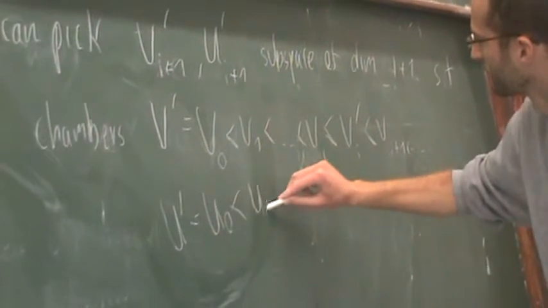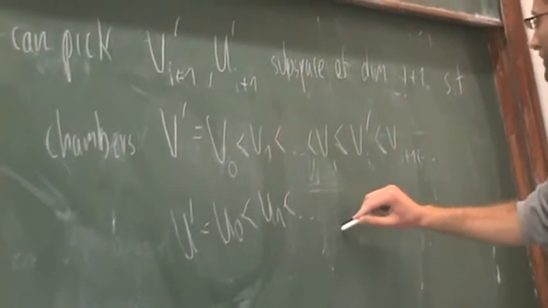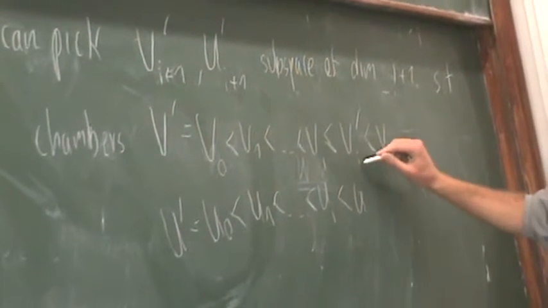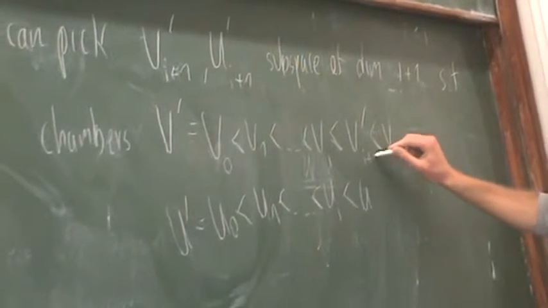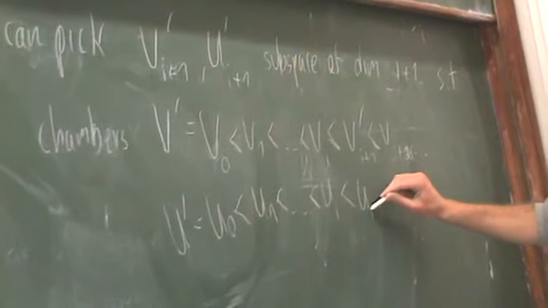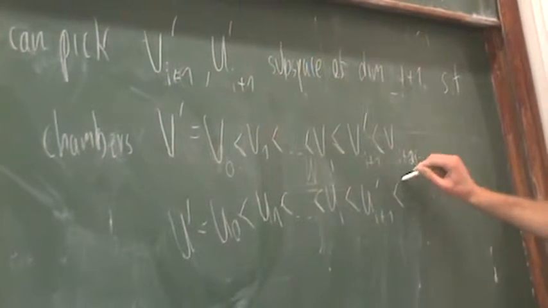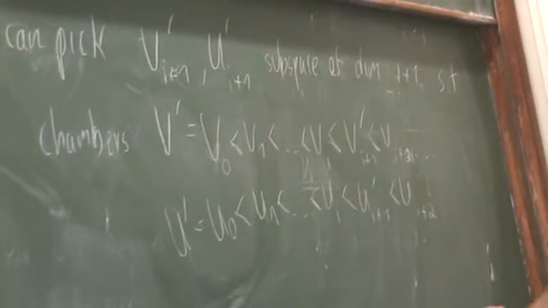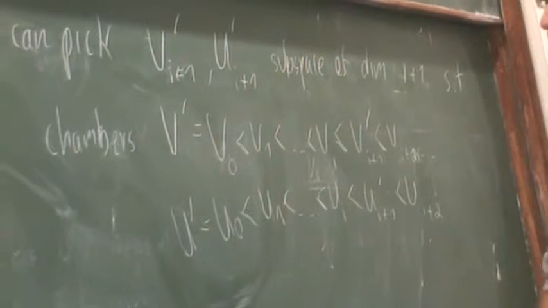The alpha is inside both of them, so the intersection is bigger than what we had before.